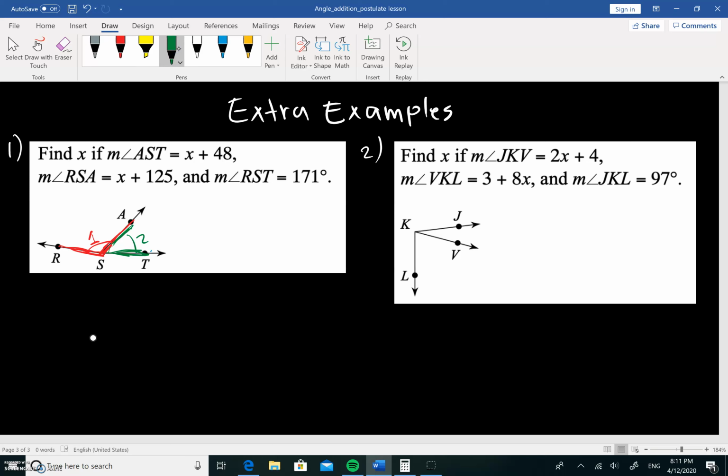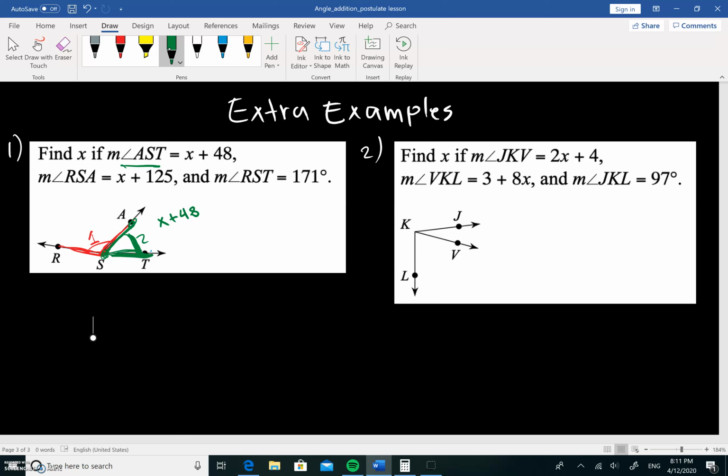So now that we know that this is angle 1 and angle 2, let's go ahead and see what is given. Find x if the measurement of AST, which is going to be A, and then we go down to S, and then we go to the right, so it's going to be angle 2, right? So angle 2, or AST, is x plus 48.